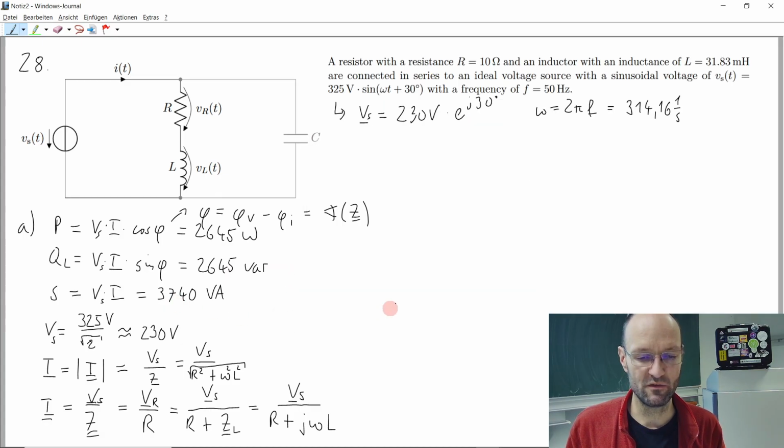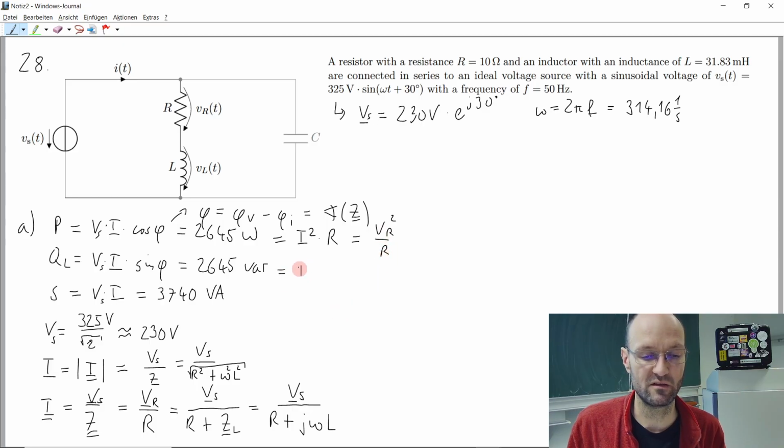So we could have calculated this real power. How can you calculate the power at some resistor? Yeah, so we could say I squared times R, or we could say voltage, but now not the source voltage, just the voltage across the resistor squared divided by R. And the same is what we could do here.